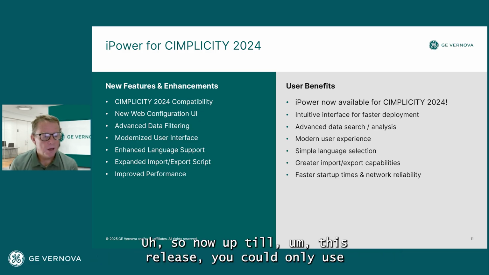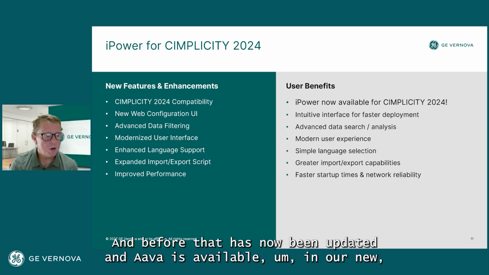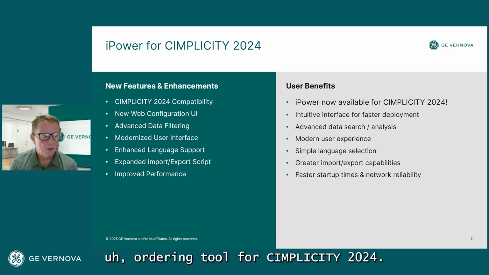Up till this release, you could only use iPower with Cimplicity 2023 and before. That has now been updated and is available in our new ordering tool for Cimplicity 2024.